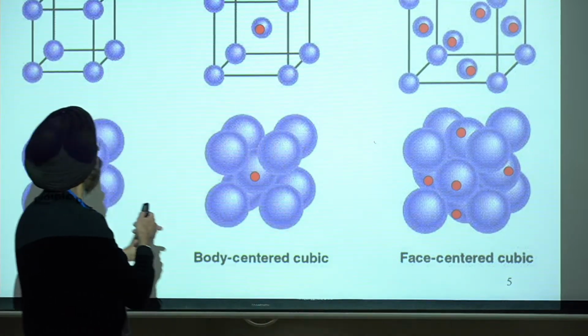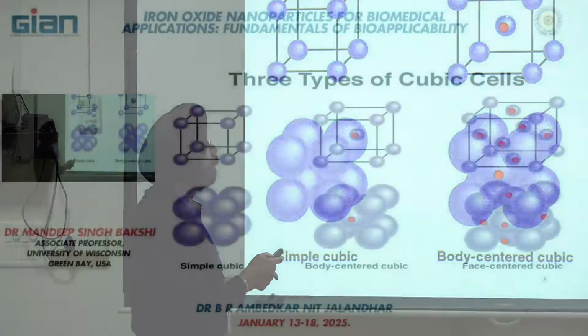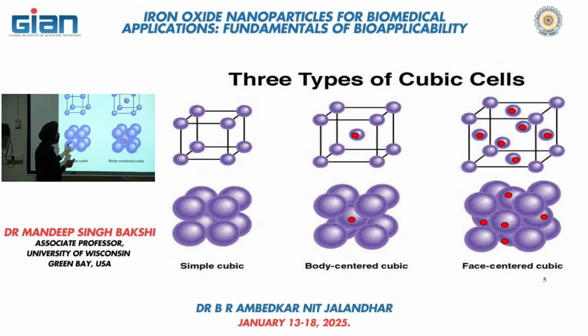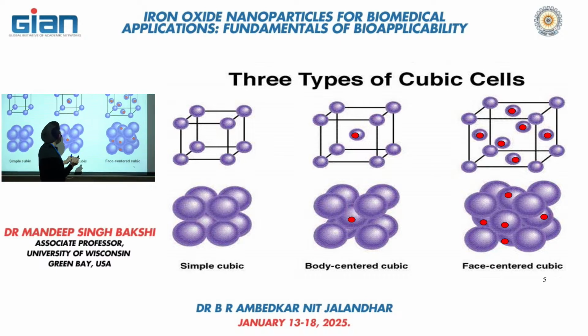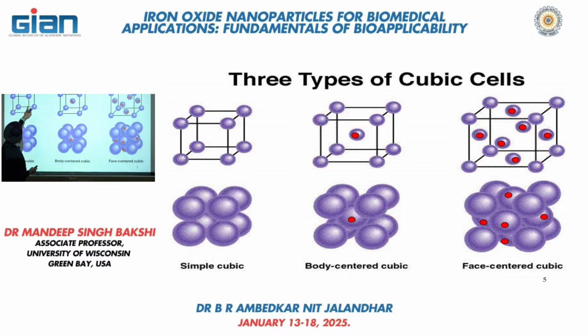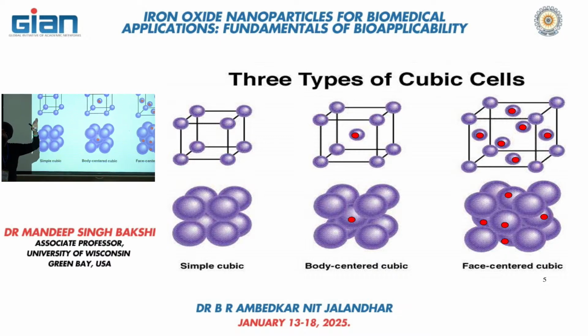You see that this is the normal cube, the body-centered cube, when we added one atom in the center, and now there are spaces on the faces. This is the face of the cube. How many faces are there? There are 6 faces, 1, 2, 3, 4, and the front and the back.